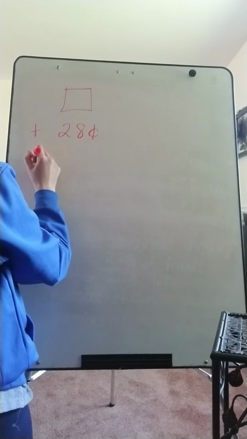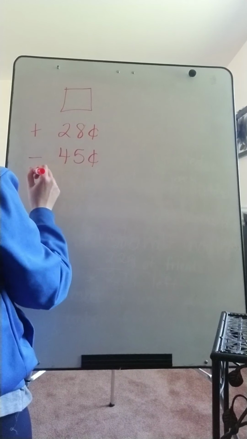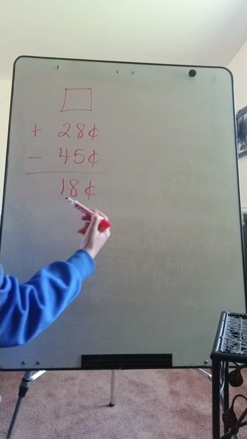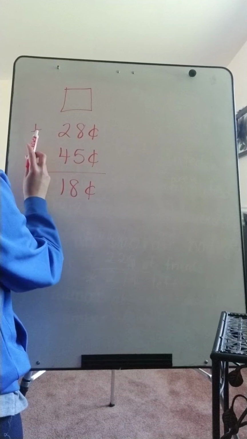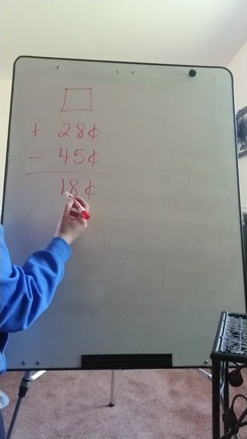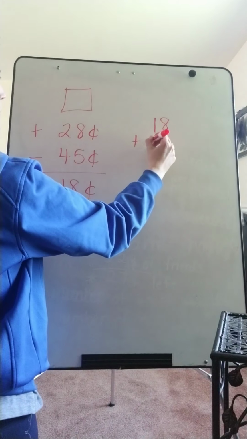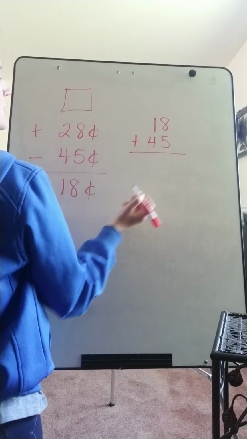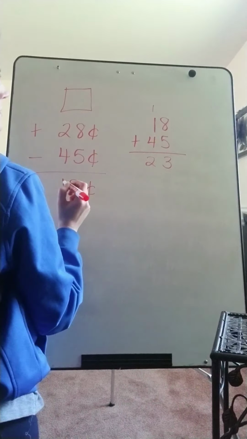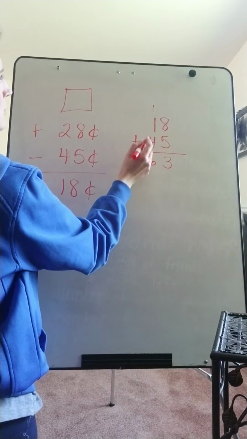So he finds 28 cents. Then he spent 45 cents on juice. Now he has 18 cents left. So just like the one we did before, we're going to start here and do the opposite of the signs, and that'll figure out what he started with. Okay? So we're going to take 18 cents plus 45. So 8 plus 5 is 13. 4 plus 2 is, oh, I'm sorry, I just wrote 2 instead of 4. 4 plus 2 is 6.